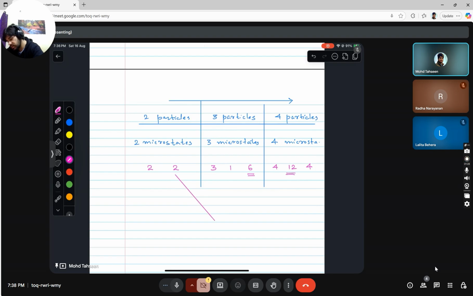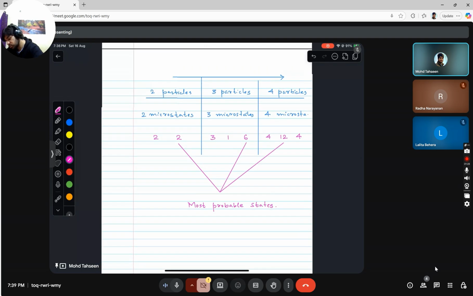In a two particle system, it doesn't matter whether you go with the first microstate or the second microstate, they are both equally probable. But as the number of particles increases, we see that there is a clear distinction between the most probable state and other states. So these are most probable states.